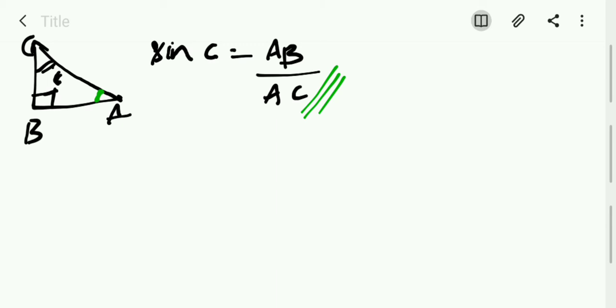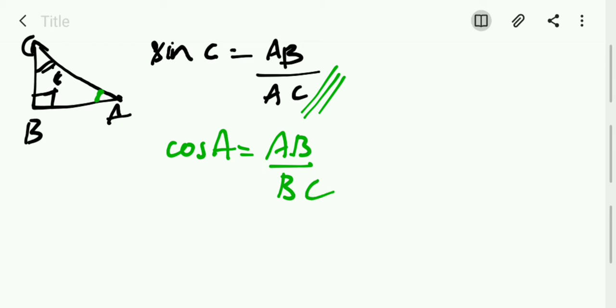It was for cos A, correct? What was cos A? AB by AC. Both are the same, isn't it? Sin C is nothing but cos A, right? That's what has been shown here. Now what is angle C? We know that angle A plus angle C is equal to 90 degrees, so angle C is nothing but 90 minus angle A.